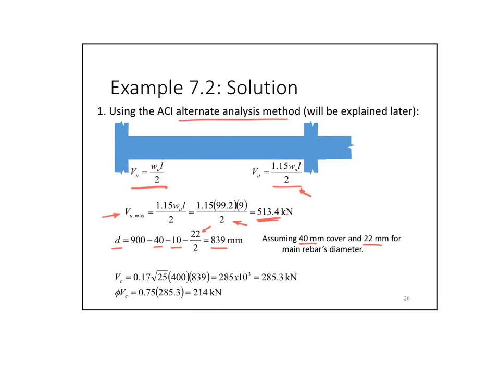Calculating my Vc, that's the strength based off the concrete, will be equal to 0.17 square root of f'c times b times d. That gives me 285.3, times phi, which is 0.75, that gives 214.